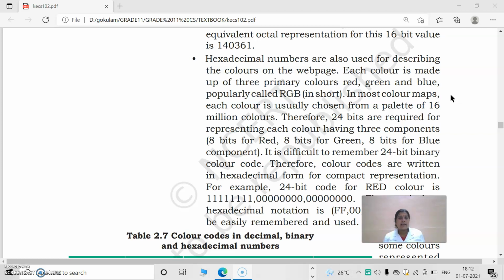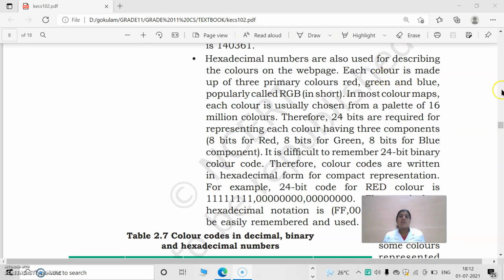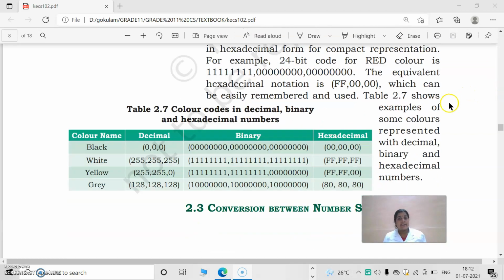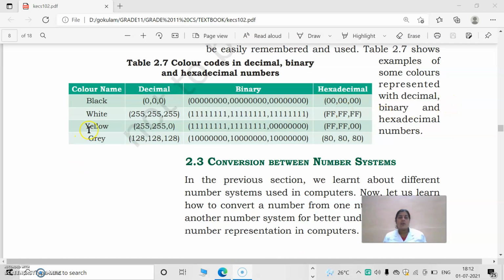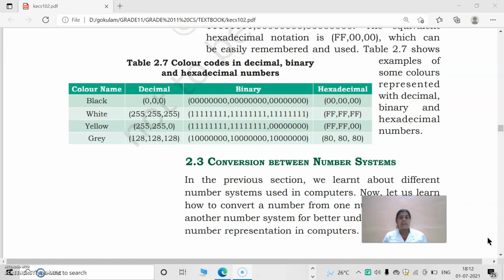If we are using hexadecimal representation, for 4 bits we use 1 hexadecimal digit, and for the next 4 bits the next hexadecimal digit, and so on. So we can represent our color codes easily in the hexadecimal system. Let's look at black. In black, the color intensity is 0, that means red, green, blue are all zeros. And in white, all have the maximum intensity.